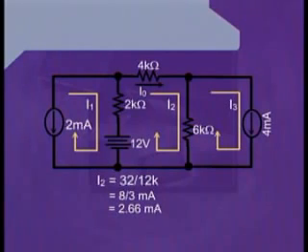Now, we can also see that the I naught, which is our required current, that will be equal to I2, because that is flowing also through the mesh 2, and the current through the mesh 2 which we have calculated is I2. Therefore, we can write as I naught is equal to 2.66 milliamperes.